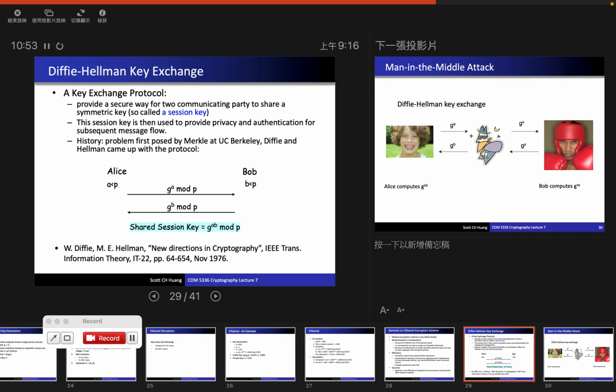First, we have the system parameters. We have to choose a large prime P, and a generator G. Now, we consider the group Z_P star as usual.